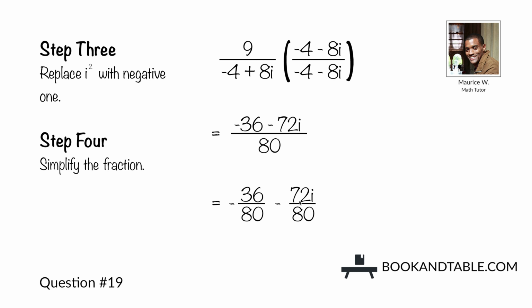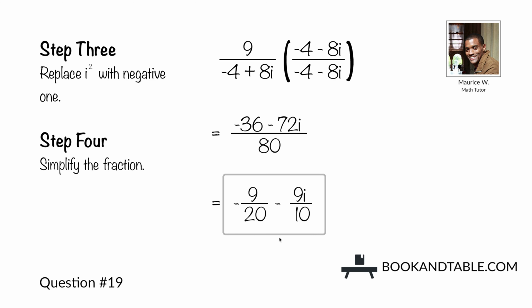And in the second fraction, we can divide the numerator and denominator by 8, which would give us 9i over 10. So the final answer would be -9 over 20 minus 9i over 10. So that would be the answer to question number 19.